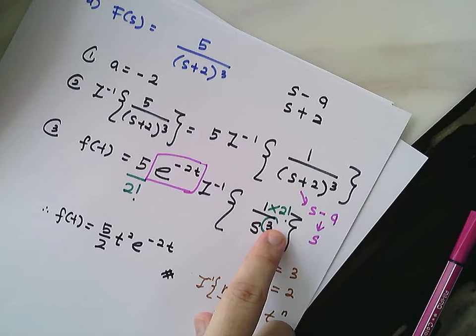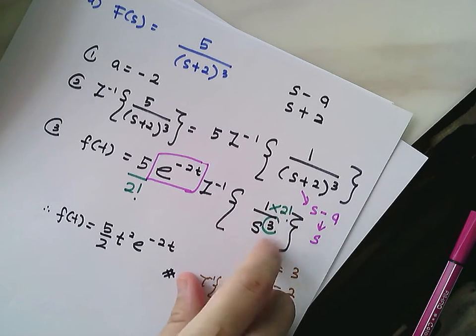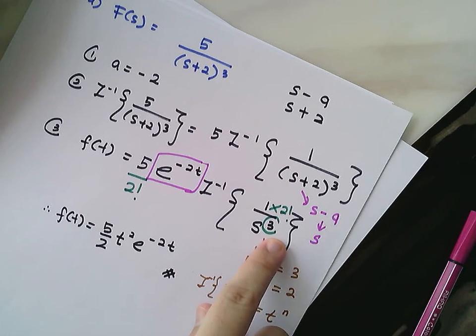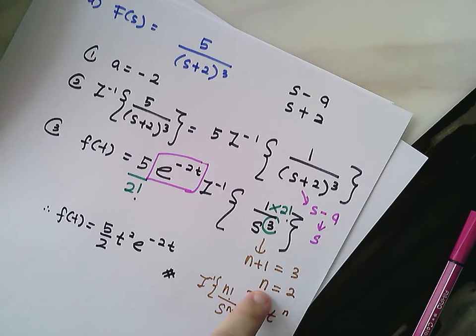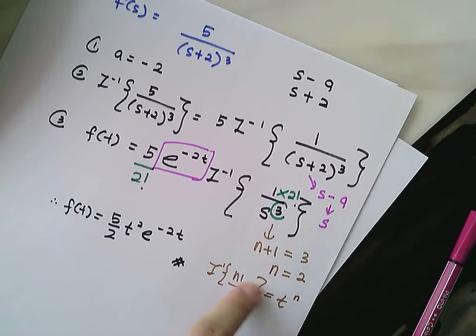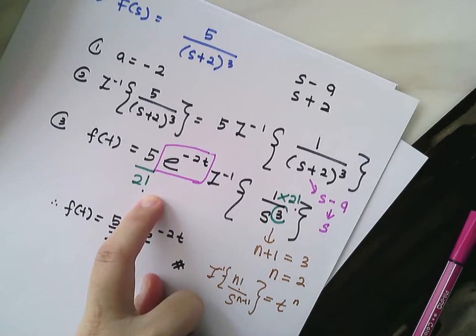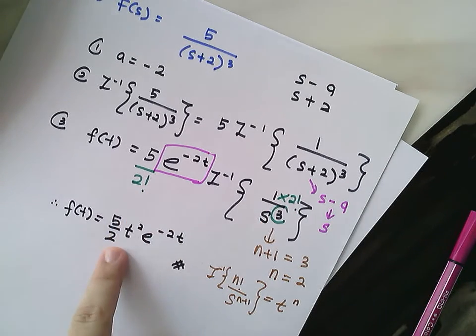But this one you still cannot get directly from the table, because if your n plus 1 is equal to 3, your n is equal to 2. So the numerator part should be 2 factorial. Therefore multiply by 2 factorial, then you need to divide by 2 factorial. So then this is the answer.